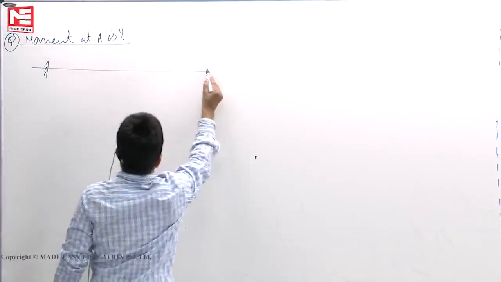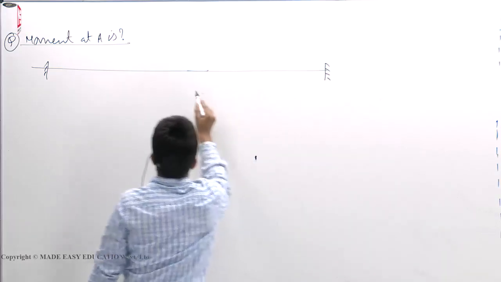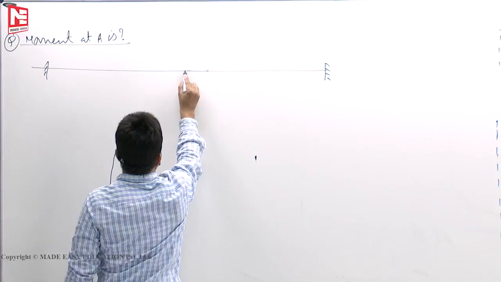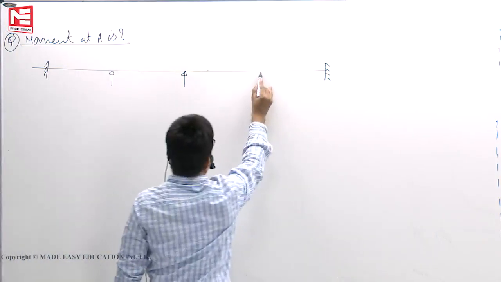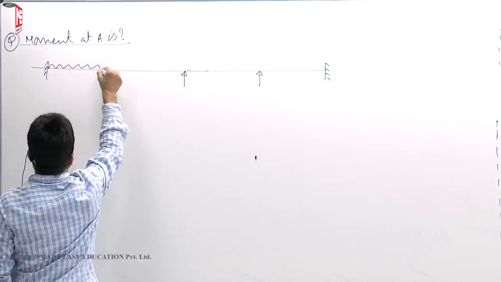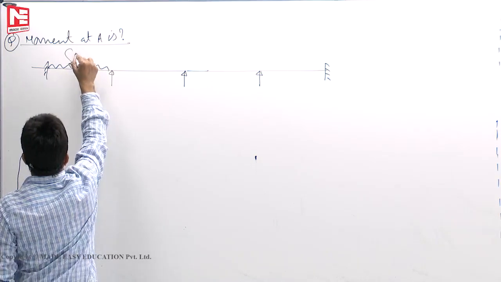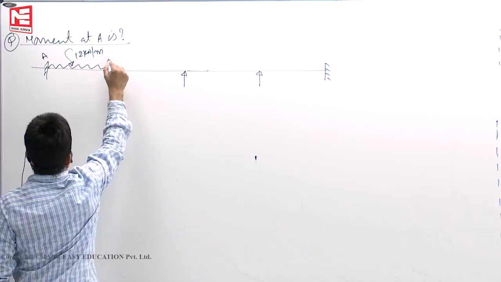Now, let us see one problem like this. This is a UDL of say 12 kilonewtons per meter on AB.